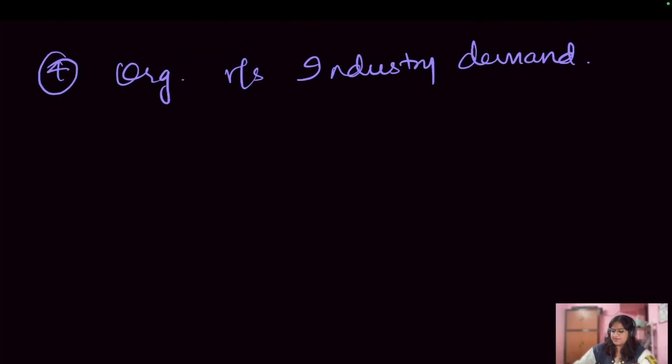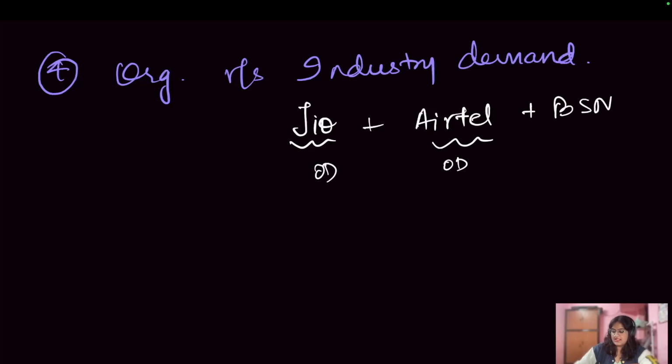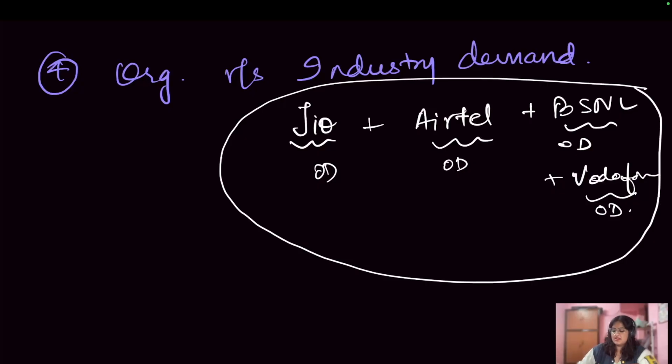For example, when you take mobile services, the demand for Jio or the demand for Airtel alone will be the organizational demand. Now we will consider BSNL, that is also organizational demand, and you will consider Vodafone. Right. So when you take the demand for Jio connection individually, that is organizational demand. But when the demand for all of these is considered together, that becomes the industry demand.